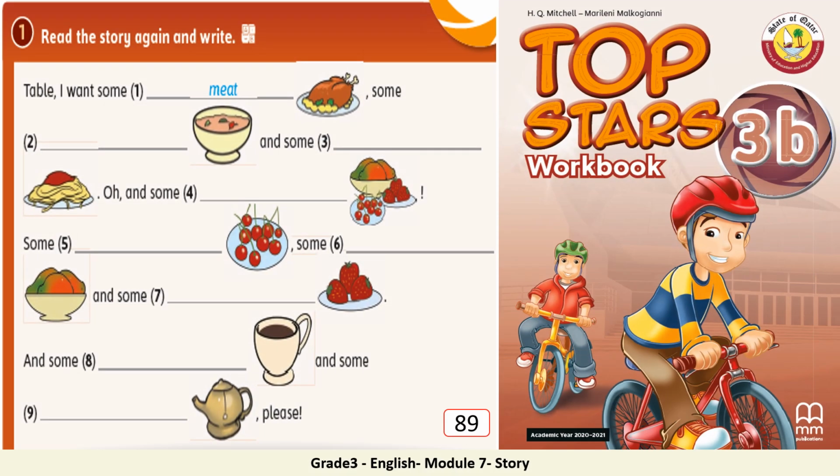Well, in this activity, I want you to read the story again and look for the food that Jack asked from the wishing table. After each gap, you have a picture to help you find the word. Let's read number 1 together. Table. I want some meat. Now you may pause the video and fill in the gaps.